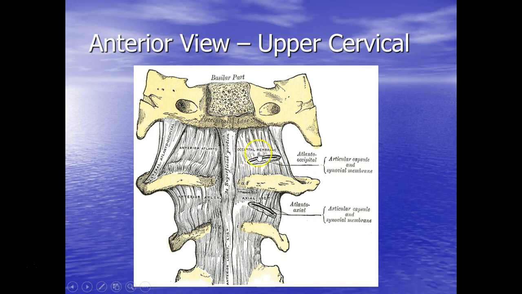And you can also see in here they've cut away a section of that membrane to show you where the atlanto-occipital capsule and the synovial membrane for the atlanto-occipital joint is located.